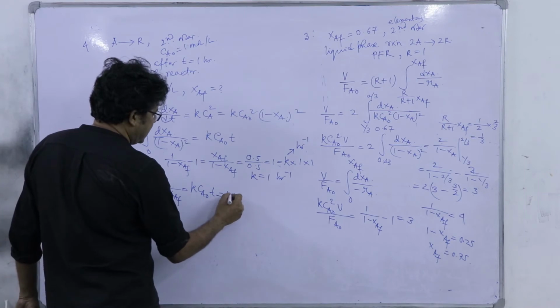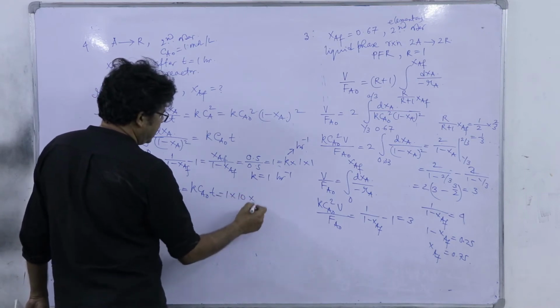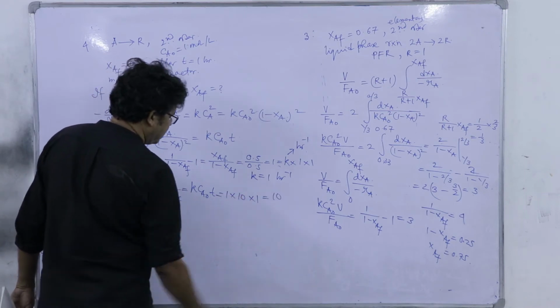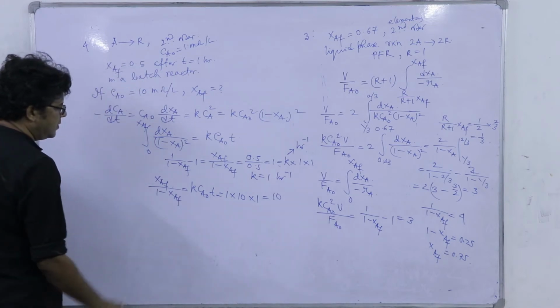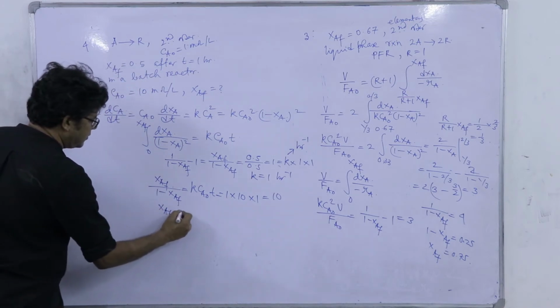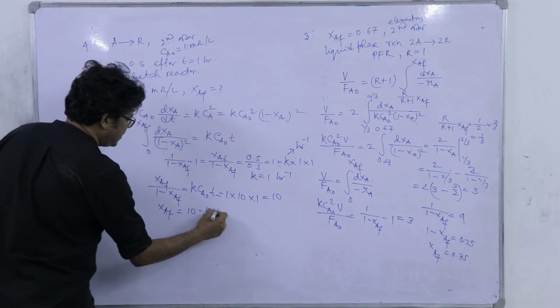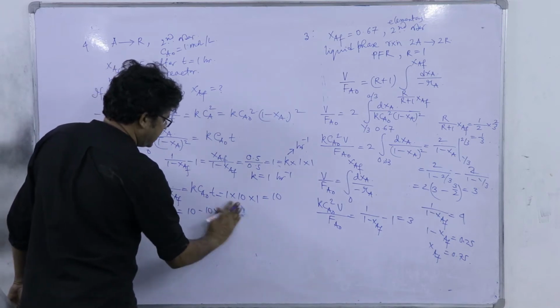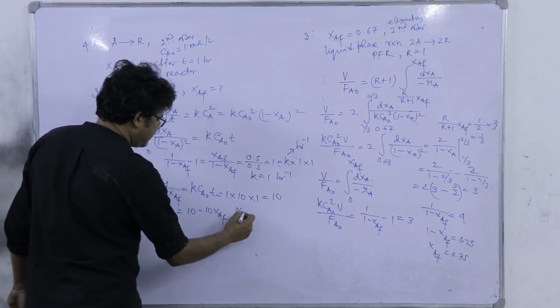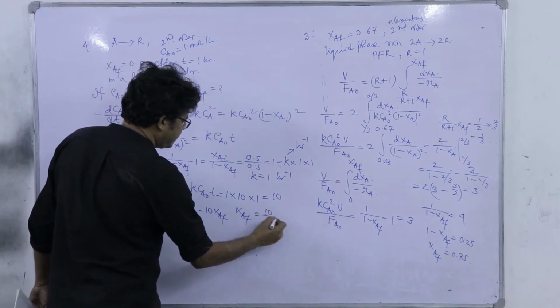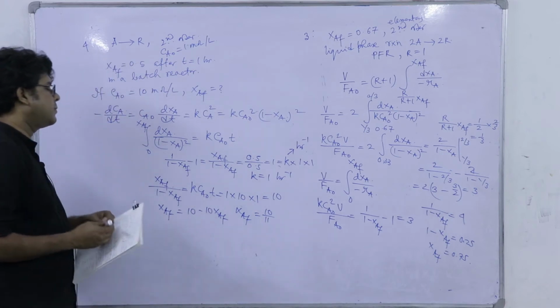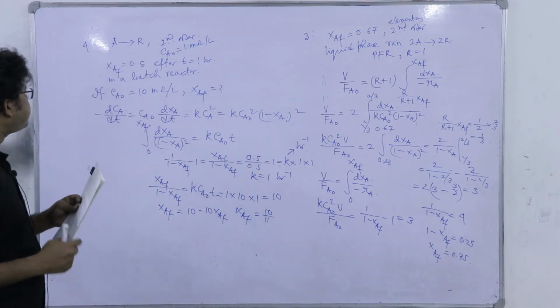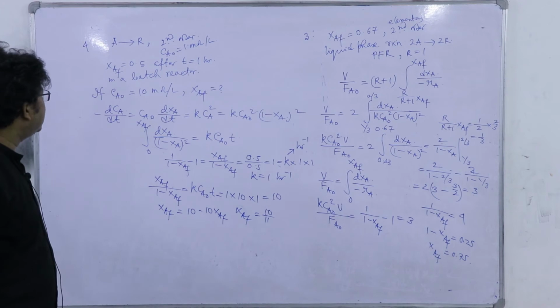K is 1, Ca naught is 10, and T is 1, so this is 10. Right. So, XAf is equal to 10 minus 10 XAf. So, 10 by 11 will be the answer. And concentration similarly we can find out.